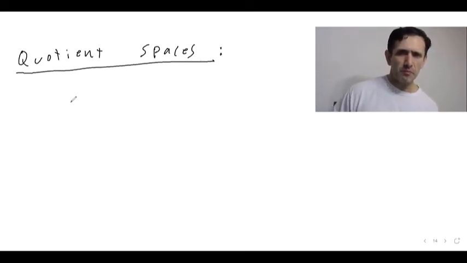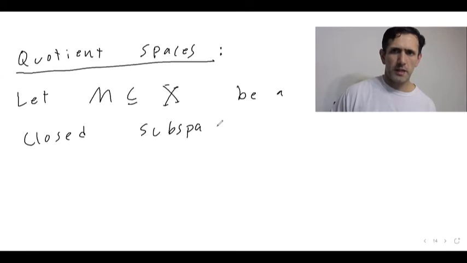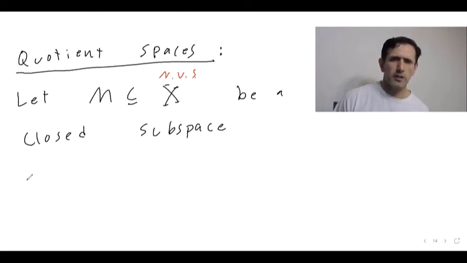Okay, so let's say X is a normed vector space, and let M be a closed subspace. I'm going to define an equivalence relation on X as follows.